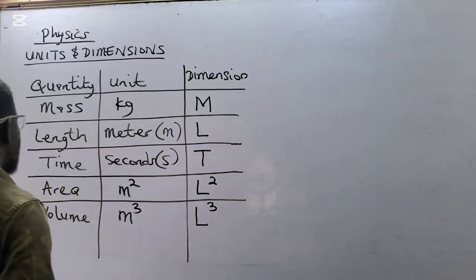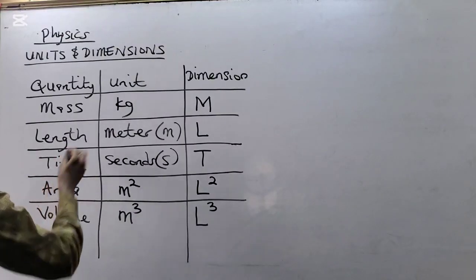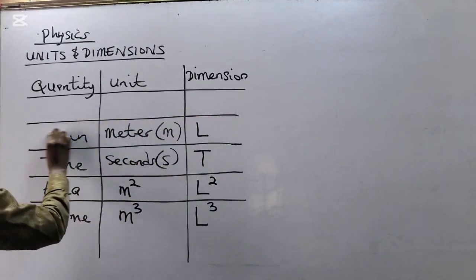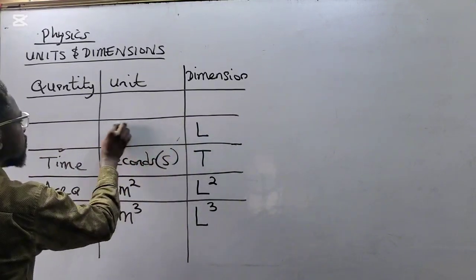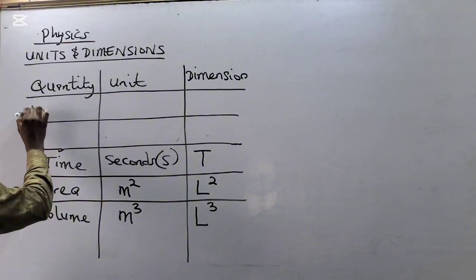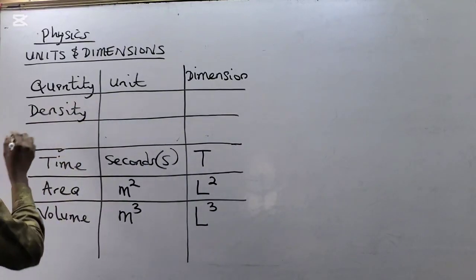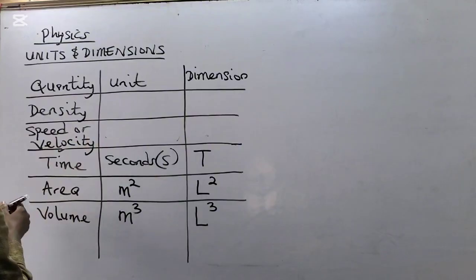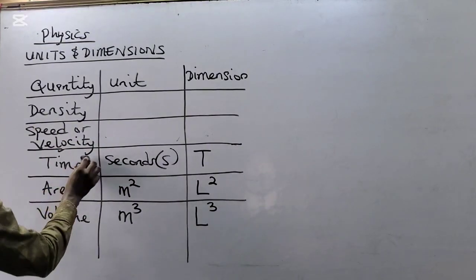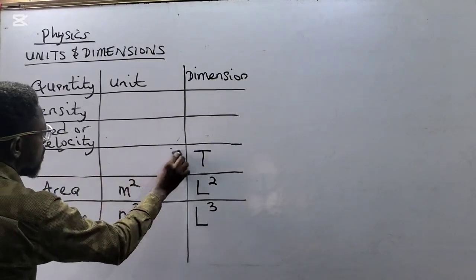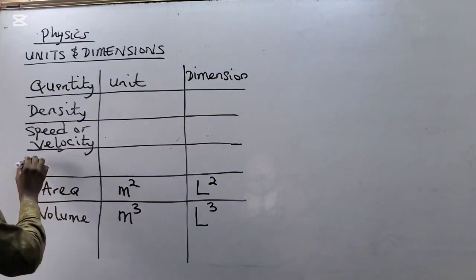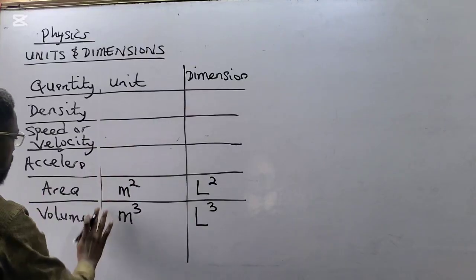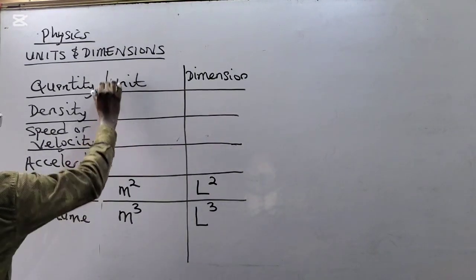So the next ones we are going to look at are density, speed or velocity, and acceleration.